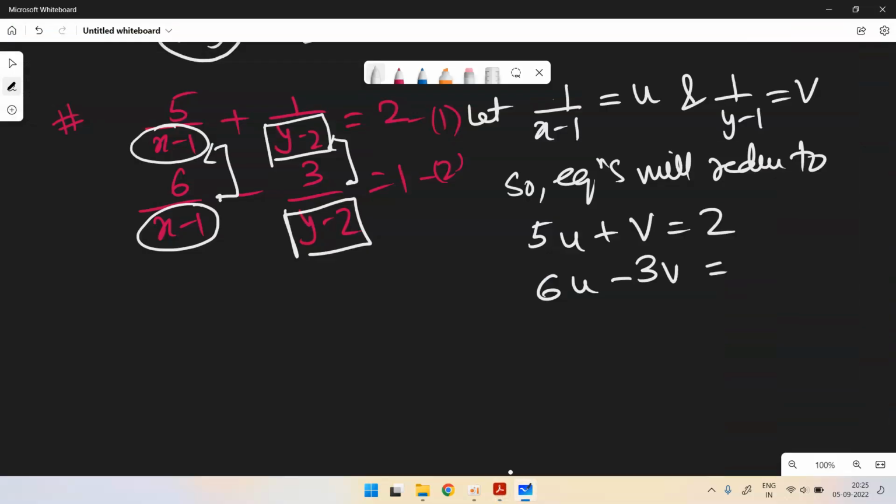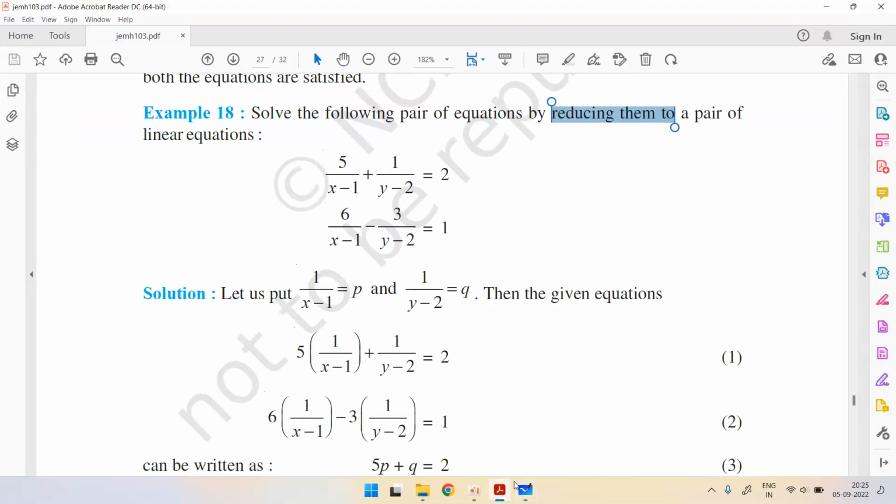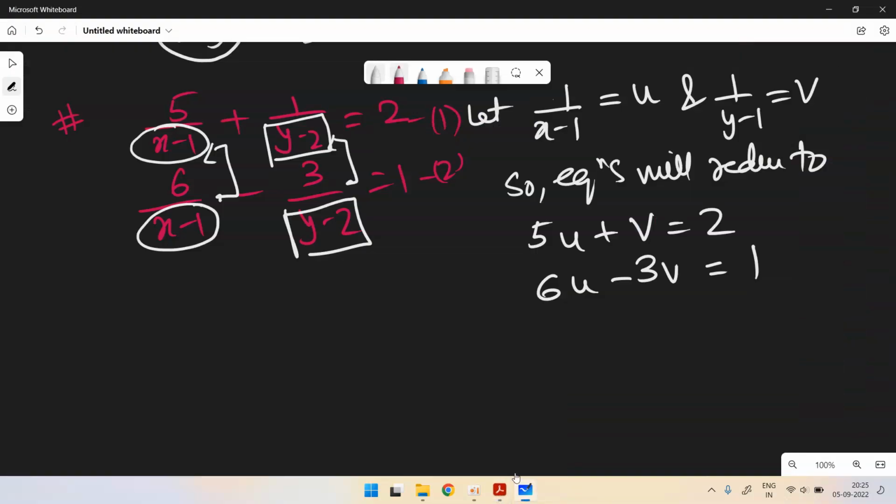Now the simple thing is that this is minus 3v, so you multiply equation 1 by 3 and add the two equations.